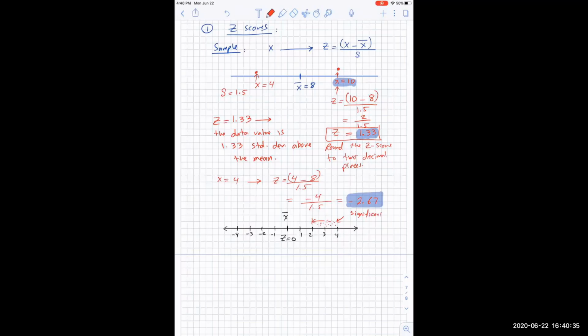All these values that have z-scores greater than 2. All the data values that have z-scores less than -2, all of these data values are significantly low.